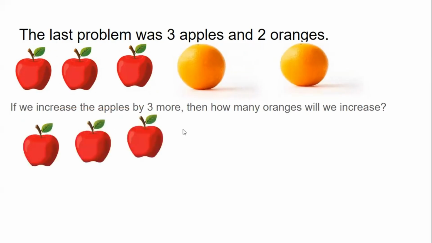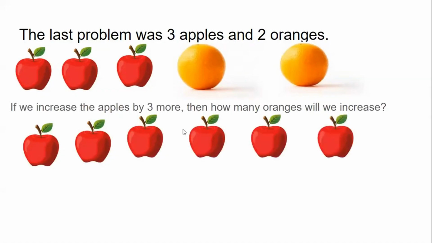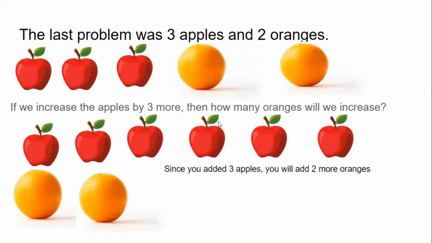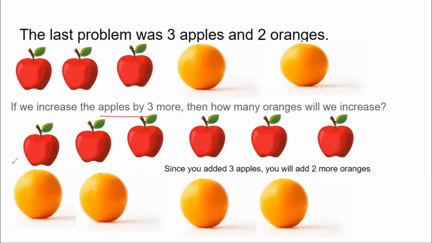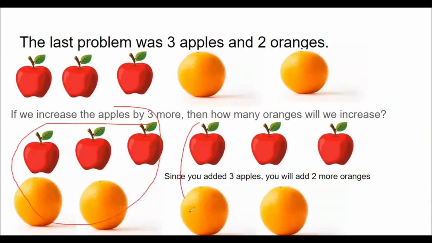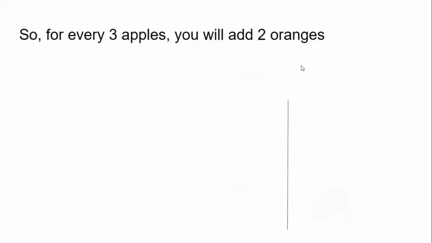If I do 1, 2, 3, 4, 5, 6 apples, how many oranges will that be? Well, you got your 2 from the first 3, then you got 2 for the next 3. So you've got your 3 apples and 2 oranges, then you have your 3 apples and 2 oranges. So it's proportional. For every 3 apples, you'll add 2 oranges, like I just said.